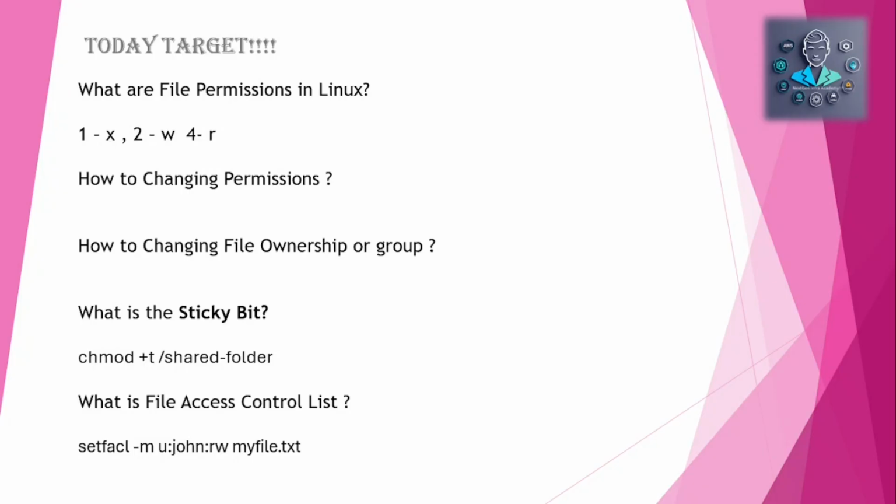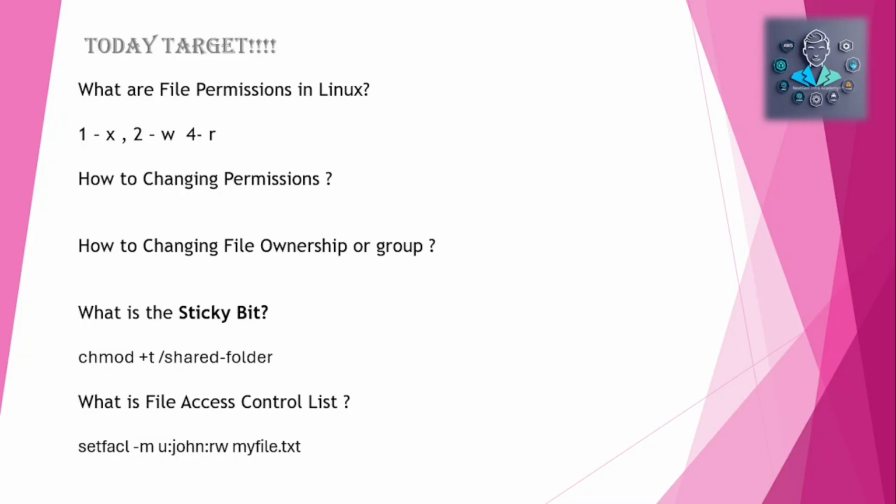Next, we are moving on to the advanced level: what features Linux provides, how we can implement them on that structure, and what benefits they provide. We will discuss the next topic, the sticky bit, how it works and why we need it.